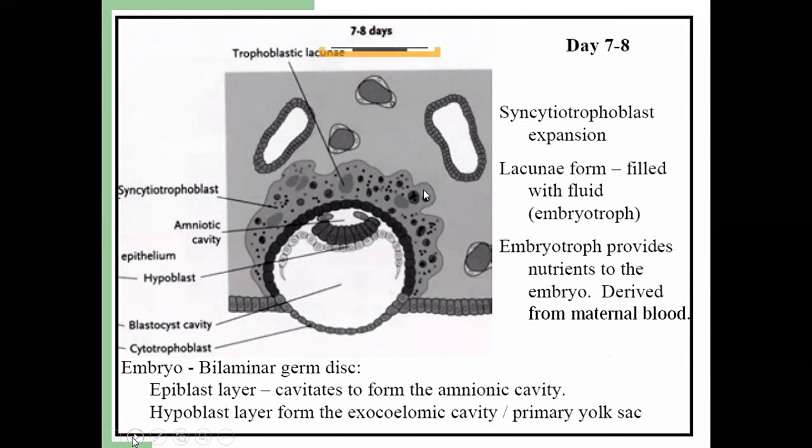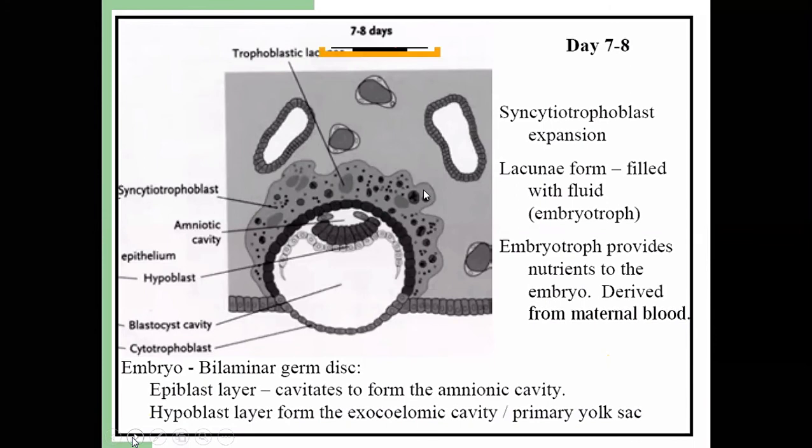This last slide that I'm going to present today will show you the formation of the lacunae. Lacunae are blood-filled spaces in your placenta. While you have the syncytiotrophoblasts and the cytotrophoblasts, you will now have formation of the so-called lacunae, which are filled with blood.